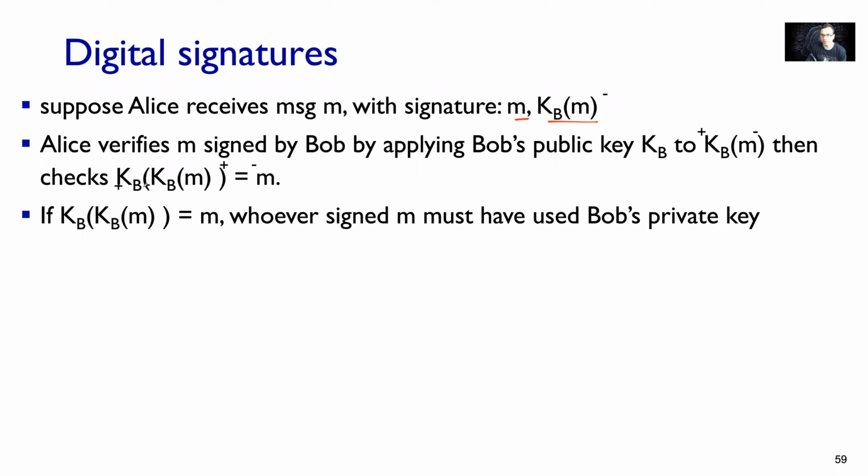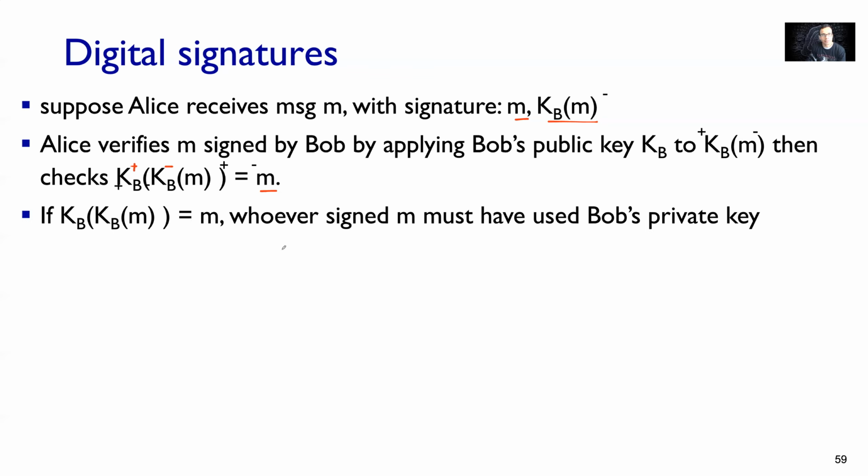Oops, the pluses are a bit messed up. I'll fix that up. This should be up, not down, right, like that. And this should be mine. I'll fix up all these suffixes. But essentially, when you apply the public key to this, you would get back the original message, right?